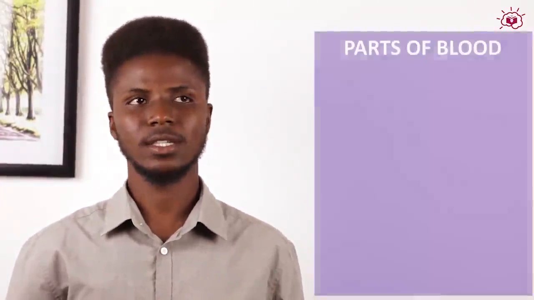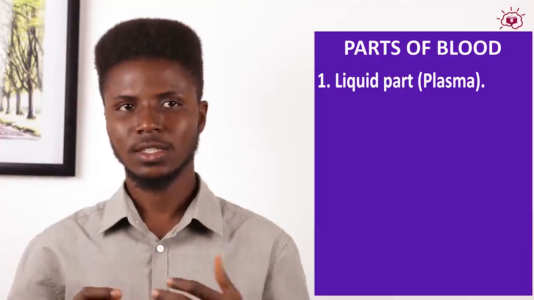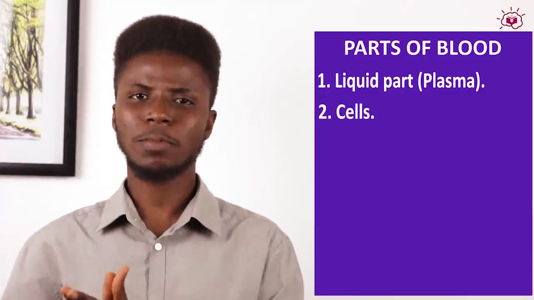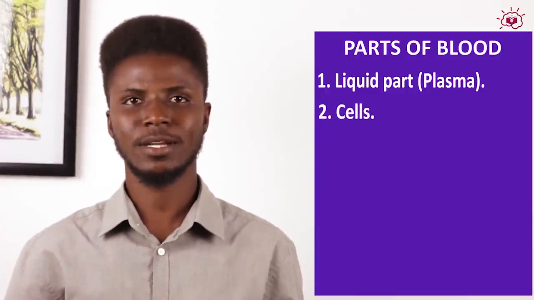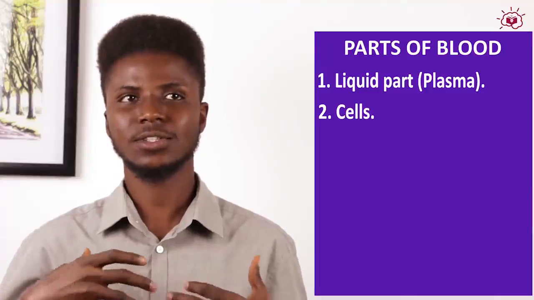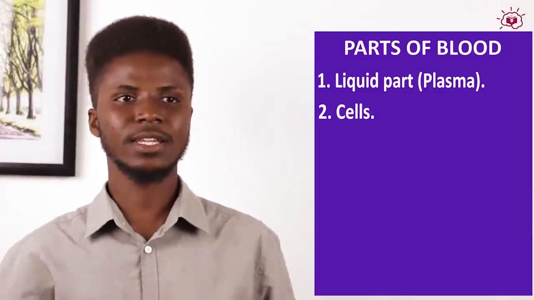Blood has 2 parts. It has the liquid part, which is the plasma, and the cells within it. Now, the liquid part of blood, the plasma, is like the cytoplasm of the cell. It is the substance in which all the cells of the blood are suspended.